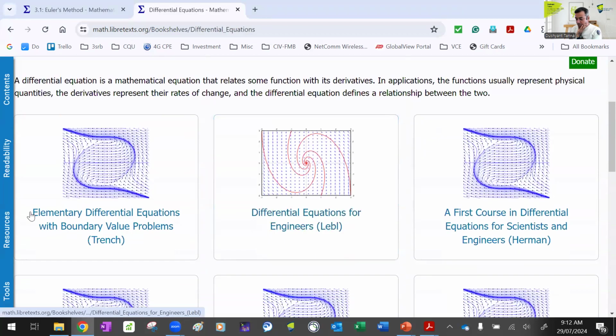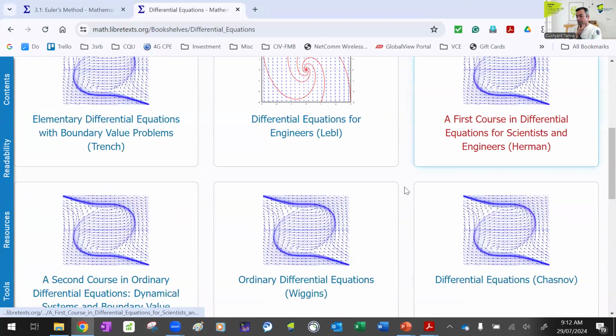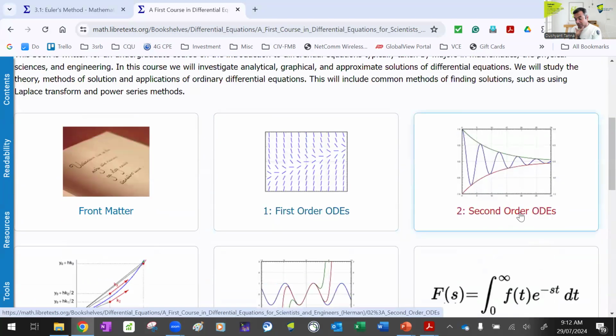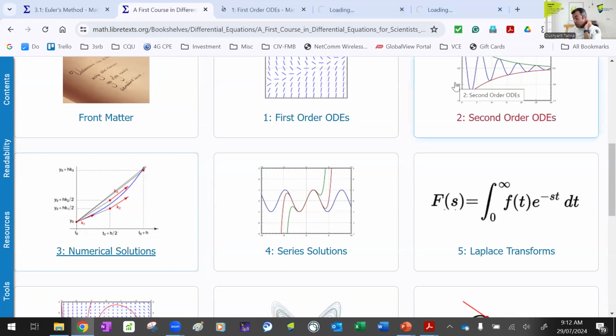In differential equations, we have a first course in differential equations for scientists and engineers, and a second course. Let's say we go with the first course. In there, we have first order linear ODE, second order linear ODE, numerical solution, right? We haven't gone for second order ODE yet, that's from week 5.